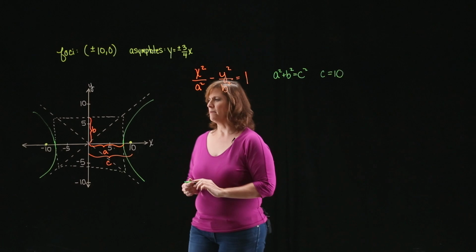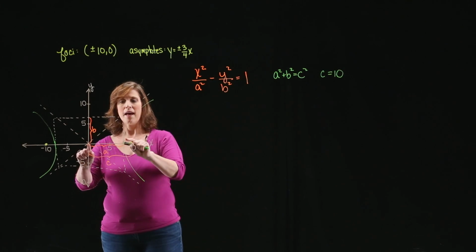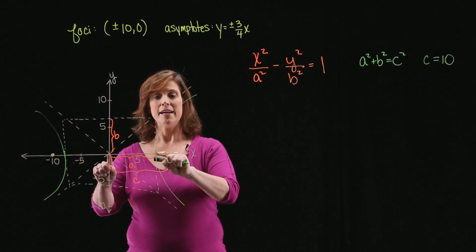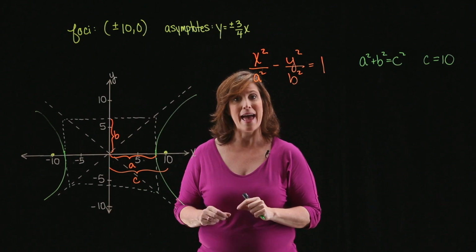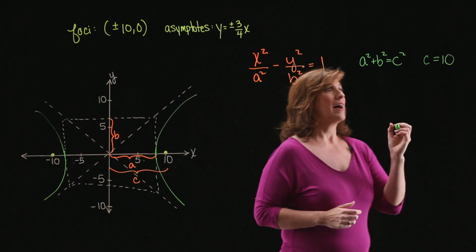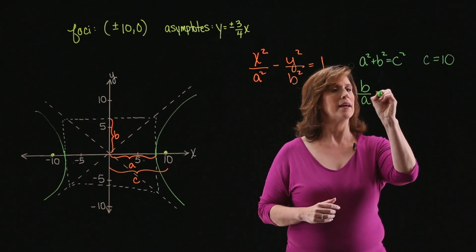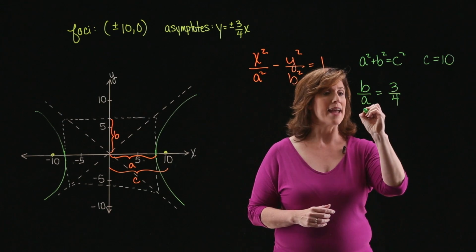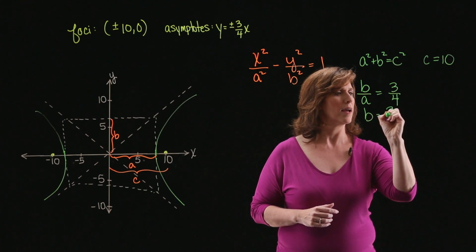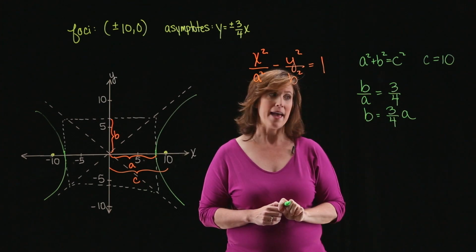Well, what do I know about A and B? If I take a look at the slope of the asymptote, it is the change in y over the change in x. That's going to be b divided by a. So I know that b divided by a is going to be 3/4, which means that I can write b as 3/4 a.